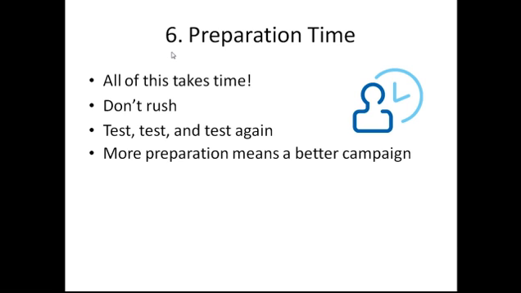Have a meeting, decide what the campaigns are, and then use past campaigns as experience. Learn from the mistakes. Log notes in the campaign, in the CRM, what you did well, what you did badly, and then try to improve it each time. Test over and over again. The more tests, the better. And more preparation time just means a better campaign.